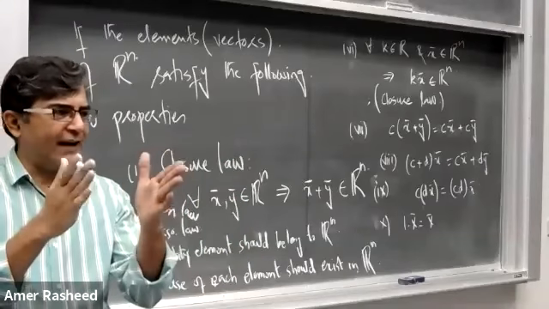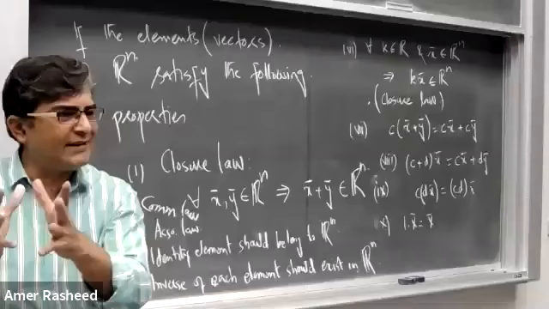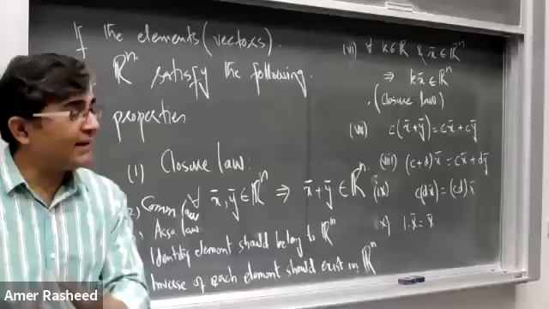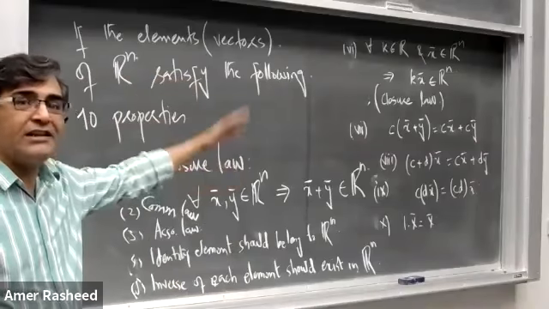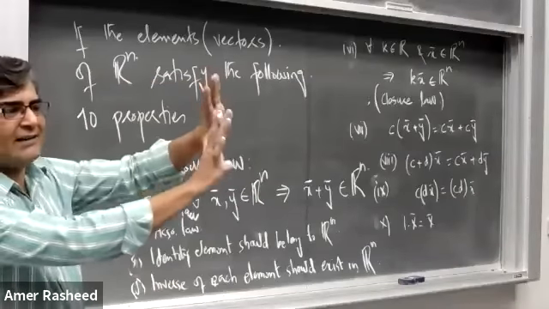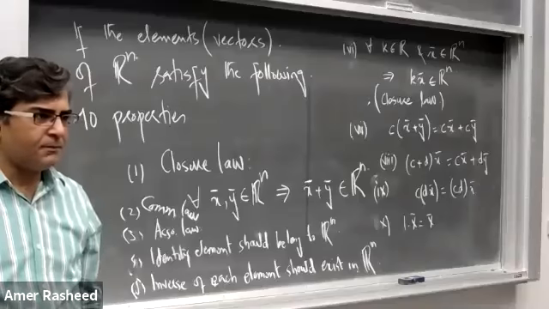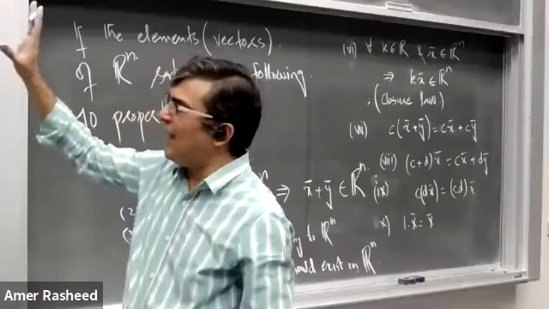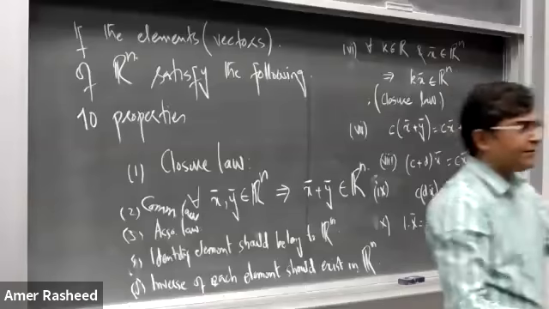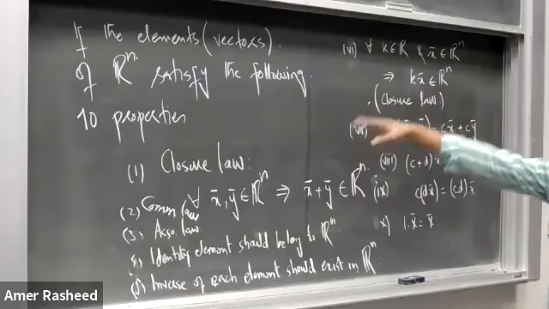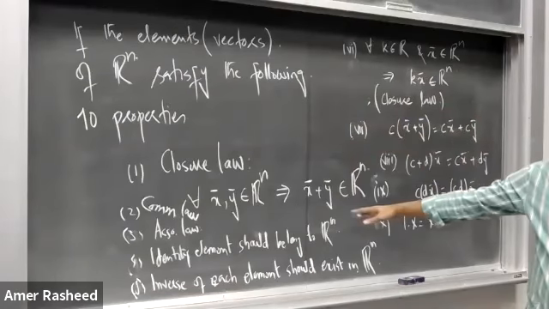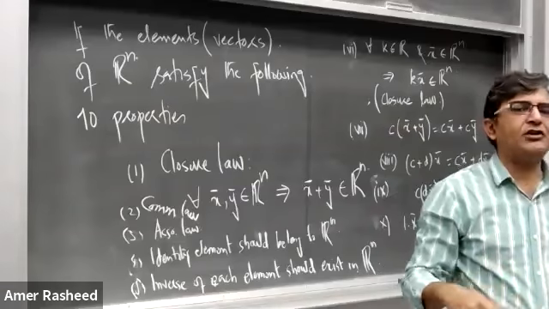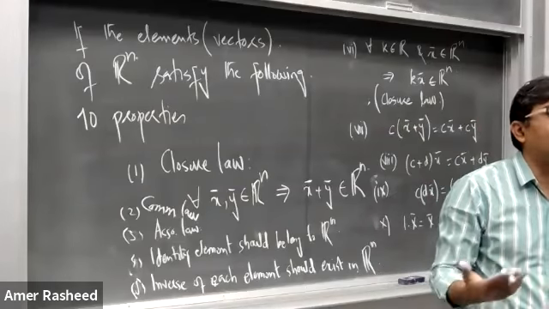If the elements of the set, along with the two basic operations of addition and scalar multiplication, satisfy all these 10 properties, then we say that set is a vector space. Here, what is that set? It is Rn. So if the elements of Rn, which are vectors, satisfy all these properties, then we say that Rn is a vector space. And we call it Euclidean vector space because it's a Euclidean n space.